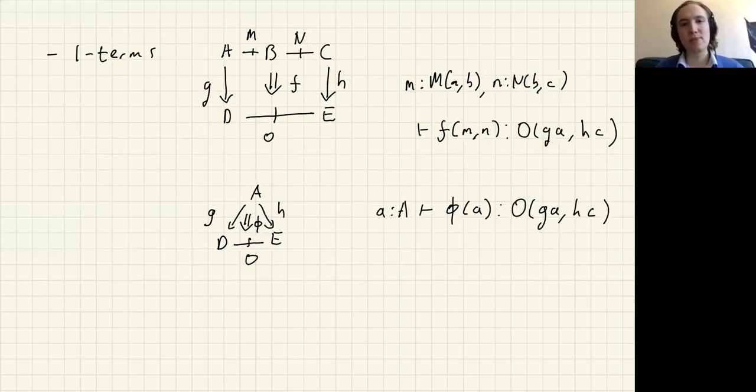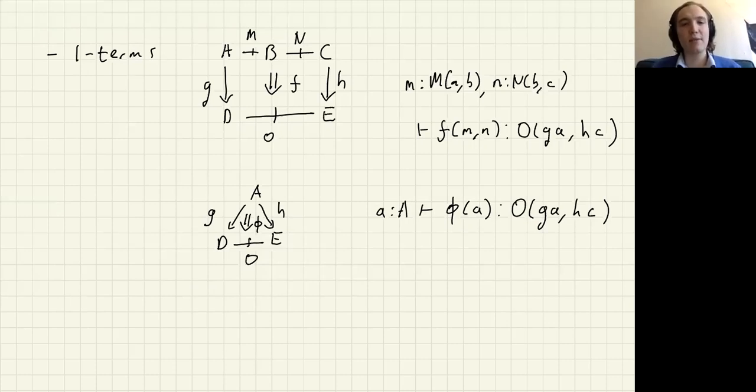The one terms are more interesting. So now we're going to take a one-dimensional globular pasting diagram and output one type. Well, a one-dimensional globular pasting diagram is a list of one types. So I've drawn two typical examples of one terms here. The first one takes a list of length 2, and it outputs a single one type.